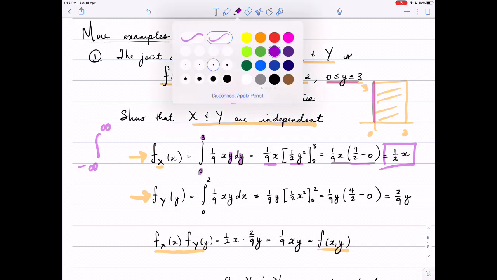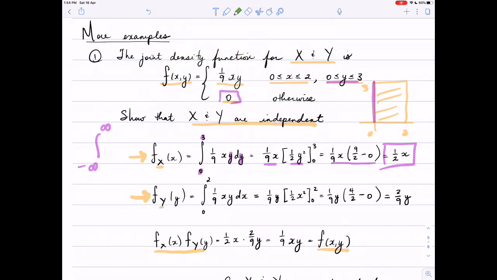Now if we do the same thing for y, we want to integrate out the x. We want to get rid of x, and we're going to integrate over the entire range that x is defined on, where it has non-negative density. So from 0 to 2, again, simple antiderivative, top minus bottom, simplify, and you get 2/9 y. That is the marginal density function of y.